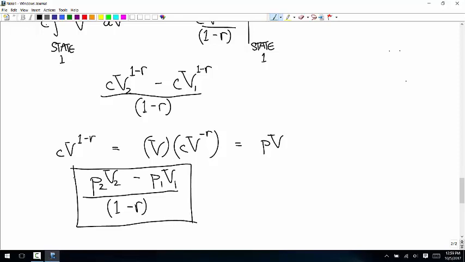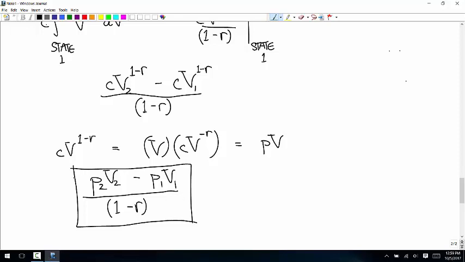Okay, so for a polytropic process, you need to know the pressure and the volume at the end of the two states. But you don't need any other information about what's happening in between those two states.